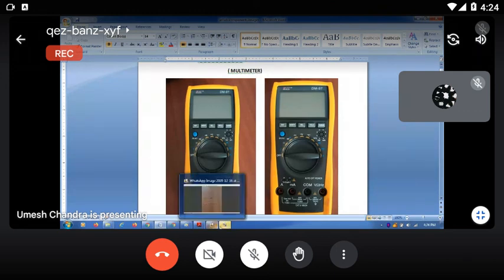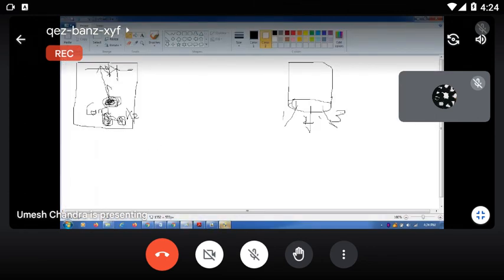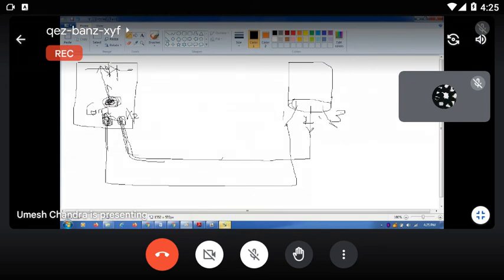Then after that, what will you do? Suppose the black lead is common. This is the black lead, you connect it to the first terminal, and the red lead is connected with the second terminal.